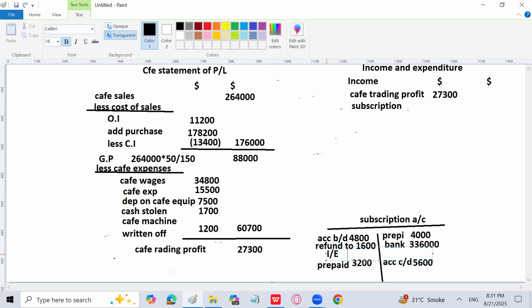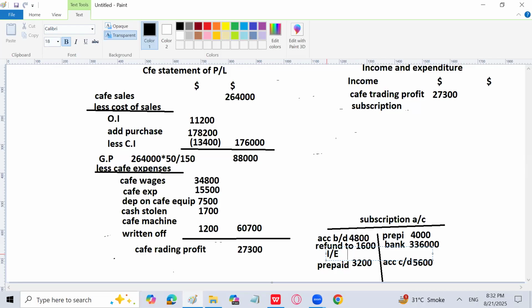So let's go for the total: 4,000 plus 3,36,000 plus 5,600, sorry, plus 5,600 minus 4,800 minus 1,600 and minus 3,200.